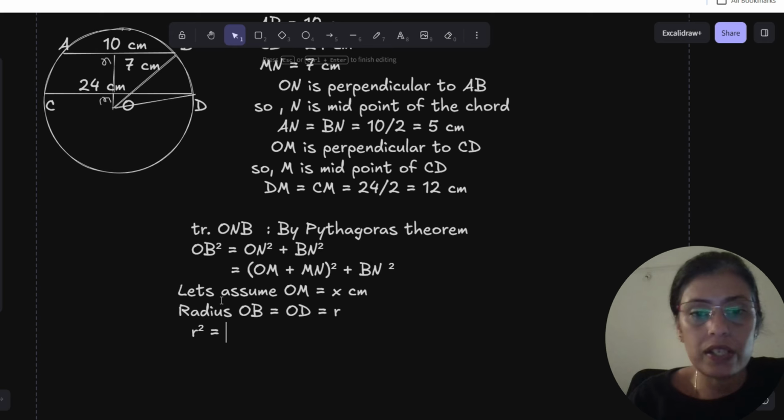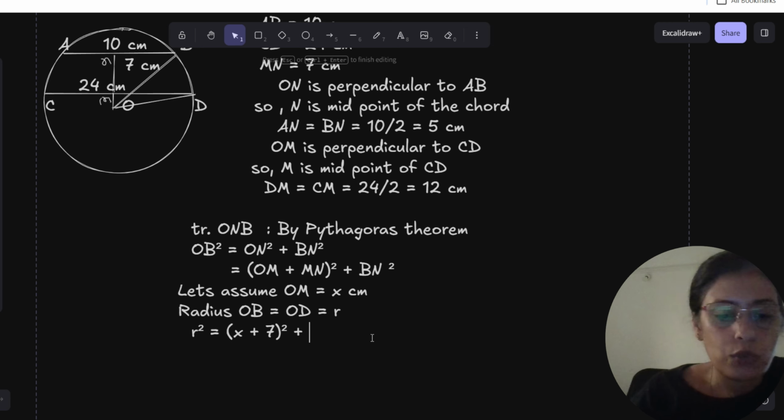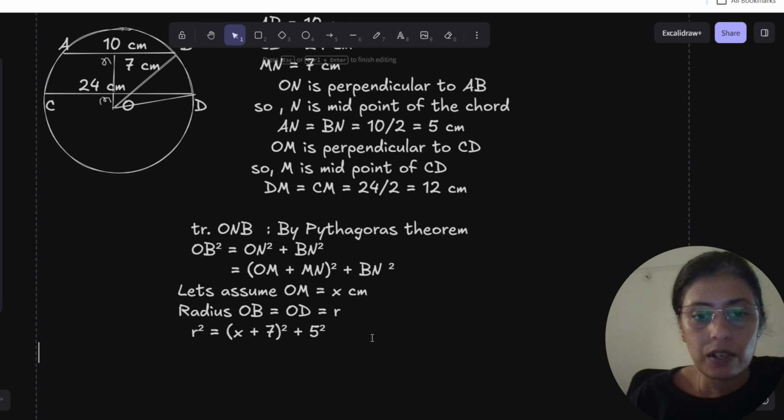So R square is equal to OM is X, MN is 7, and we are doing a square, plus BN square. What is BN? BN we found here: this is 5 centimeter. So it will be 5 square.